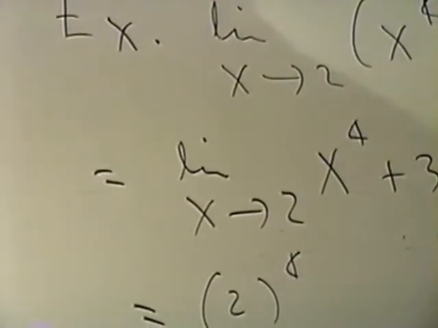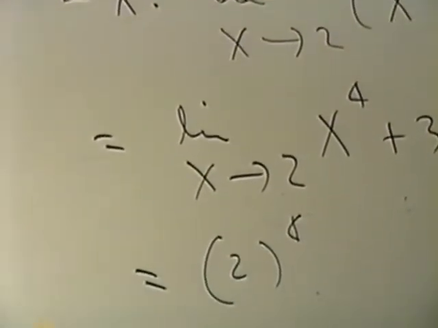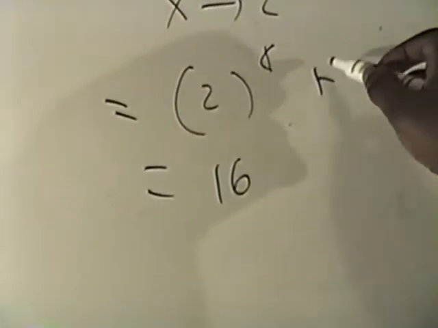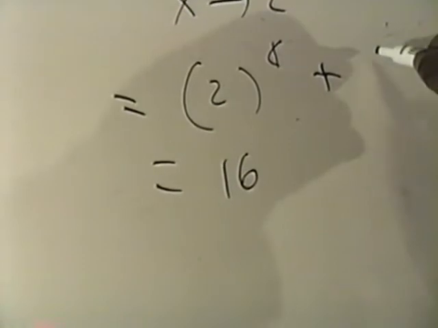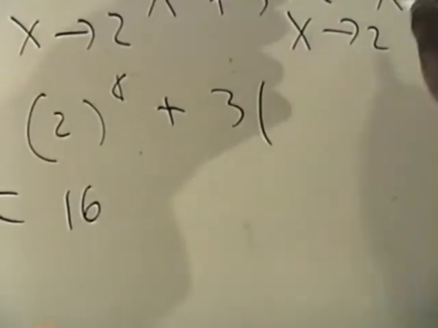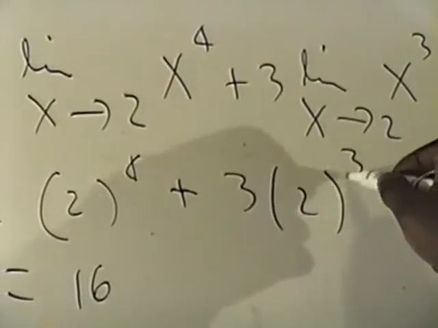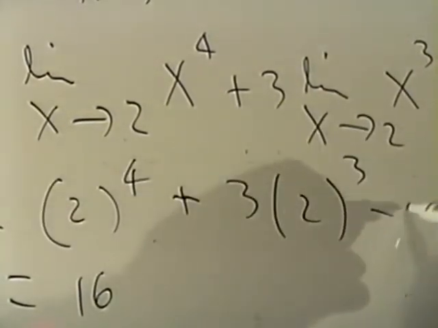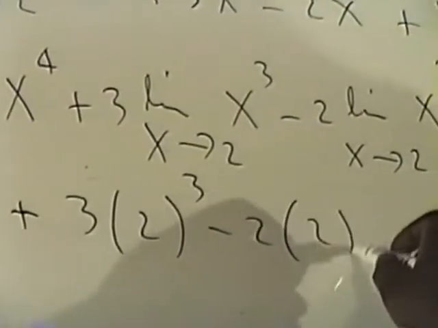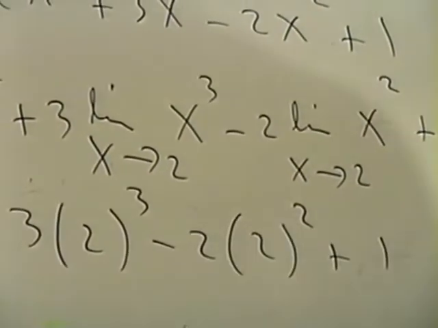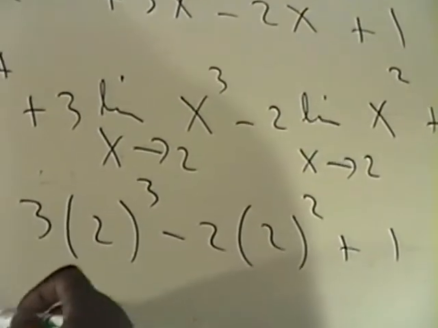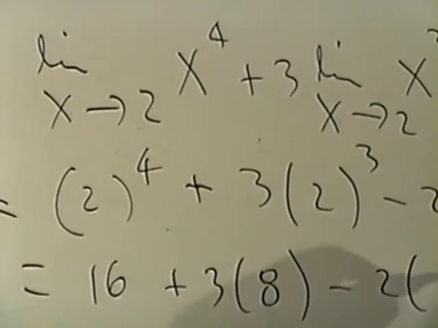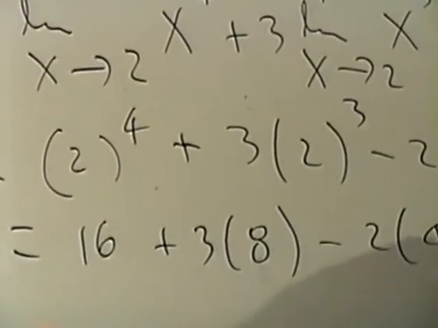2 times 2 is 4, times 2 is 8, times 2 is 16, plus 3 times 2 raised to the 3rd power minus 2 times 2 raised to the 2nd power plus 1. So this is equal to 3 times 8 minus 2 times 4 plus 1.